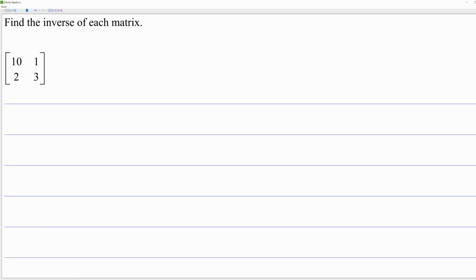Let's do one more so you can see how fast this process really is. We want to find the inverse of this 2 by 2 matrix. First things first, let's find the determinant. We know we're going to need that. In reality, as long as the numbers aren't too big, what most people do is they just do the determinant in their head. They'd say, that's going to be 30 minus 2, so that's 28.